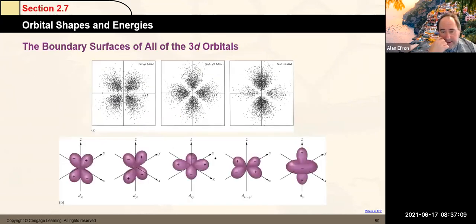Now, this is our d orbitals. You can see we have 5 different d orbitals, our x squared, y squared, and all these kinds of guys here. They basically look like a couple of p orbitals put together, except for this one, which is like a p orbital with a donut in the middle.